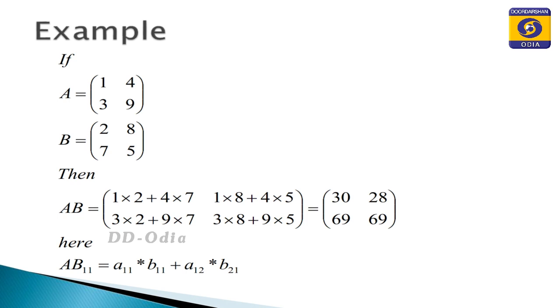Similarly, the second row of the first matrix with the first column and second column of B gives 3 into 2 plus 9 into 7. The fourth element is 3 into 8 plus 9 into 5. So the AB matrix becomes 30, 28, 69 and 69, with the first row containing 30 and 28 and the second row containing 69 and 69.